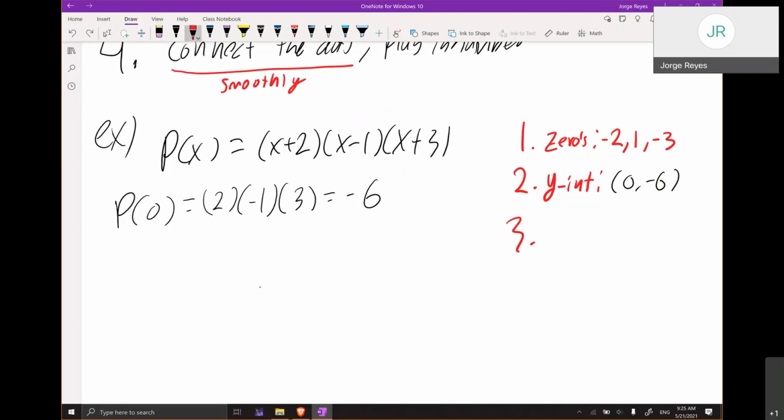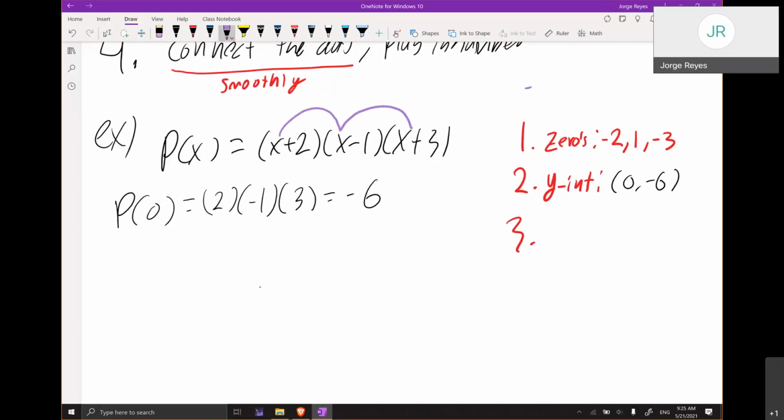To find the end behavior, remember, we really only care about the leading term. A secret to getting the leading term is to just do the F in the FOIL. What do I mean? You just multiply these three together.